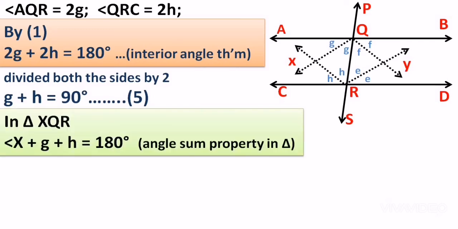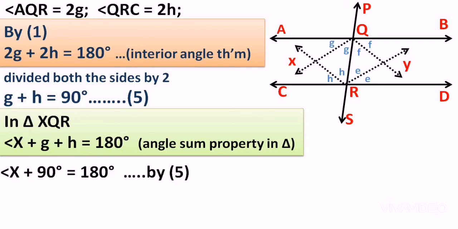And now in triangle XQR, you can consider triangle XQR, or you can take triangle QRY also. It depends upon you. So if you observe triangle XQR, we can say angle X plus angle G, that is forming the part of angle Q, and angle H, that is nothing but the angle R for the triangle QXR. When you add them, the total will be 180. Why does this happen? Because we know the property that if you add all three angles in a triangle, the total must come to 180 degrees, right? So among these three, G plus H is nothing but 90 degrees.